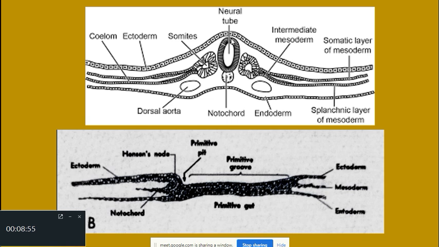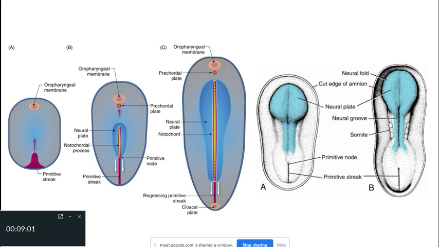You are already familiarized with neural tube formation in frog embryo. So likewise, we will just come here. So this is an earlier embryonic stage where gastrulation just started in chick embryo. You can see the primitive streak forming. In a later stage, you can see the primitive streak is advancing and it is ending at the Henson's node.